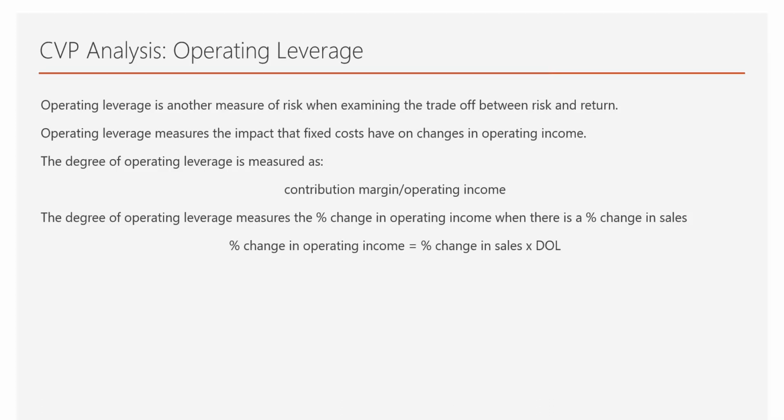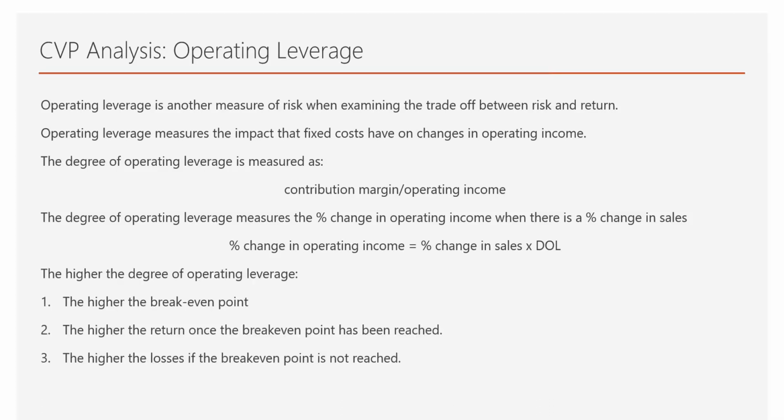So in other words, the percentage change in operating income is going to equal the percentage change in sales multiplied by a degree of operating leverage. And to get a little deeper into that, view my video on operating leverage, and it will go into a little bit more detail with some calculations.